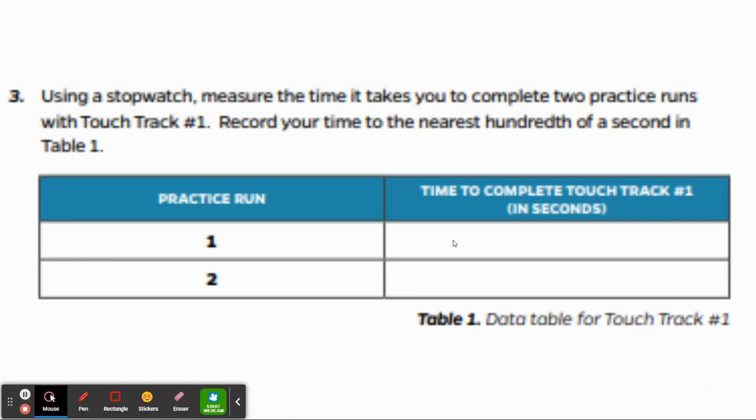Before students break up into their groups, you're just going to practice doing the touch track. You're going to hand out the worksheet to the students and a stopwatch, and they have to touch each number in order and record the time it takes them to get from number 1 to number 10, and then stop the stopwatch and record their time.